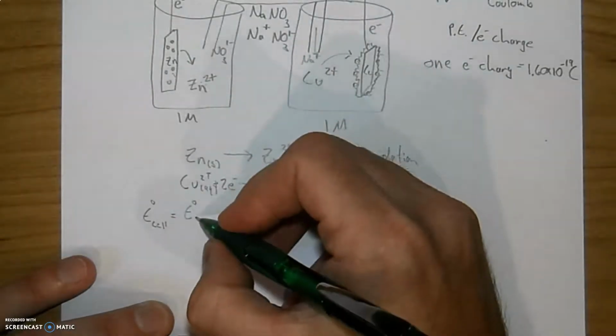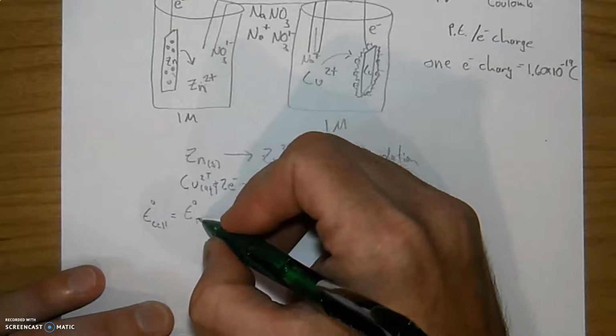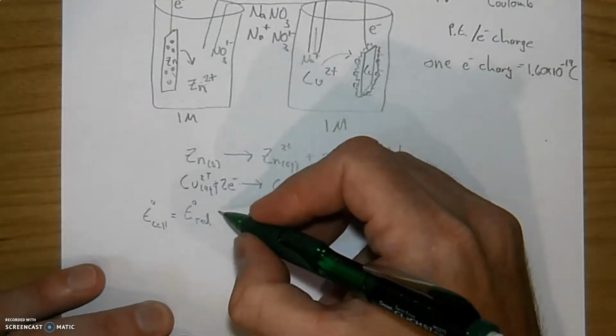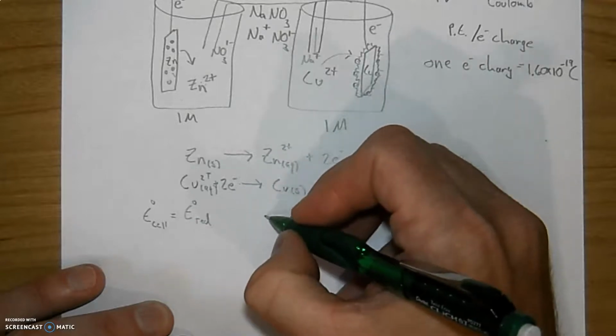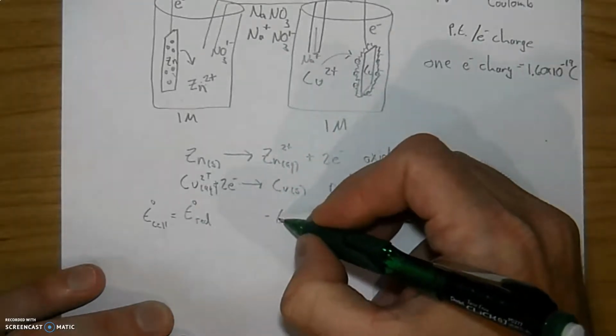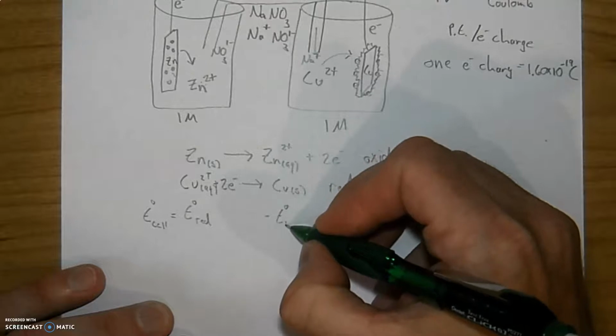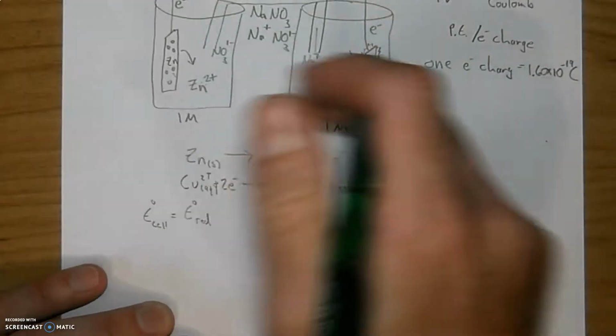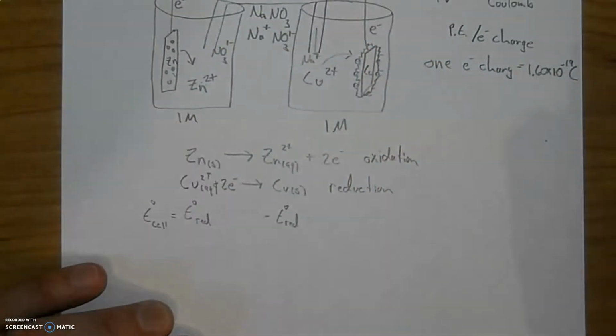It's the comparison, or the difference, of what's going on at the cell that has reduction, and I'm going to put a space here, what's going on for the reduction of the other cells. So the difference in the reduction potentials of these two cells.